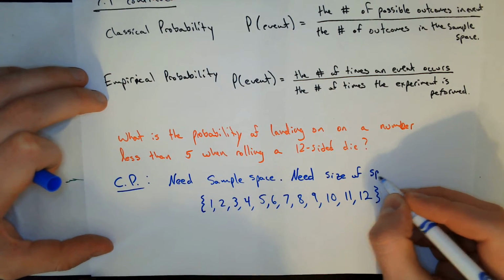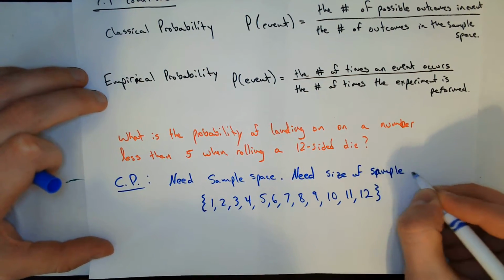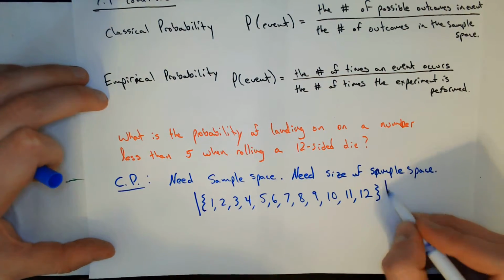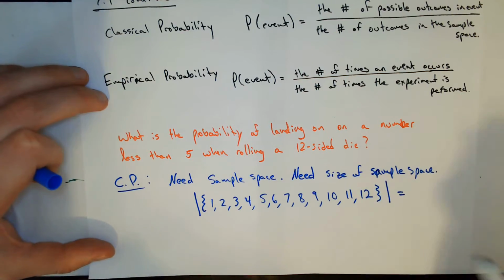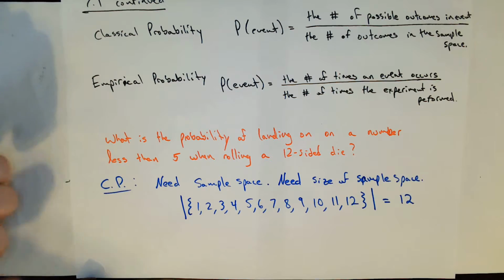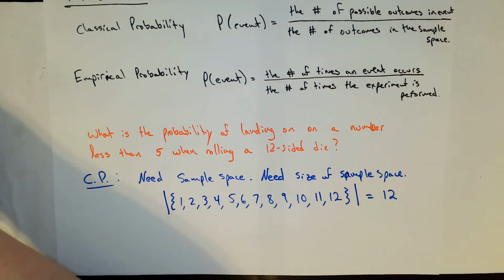If there's 12 items, it is 12. In other words, the cardinality of this set is 12.